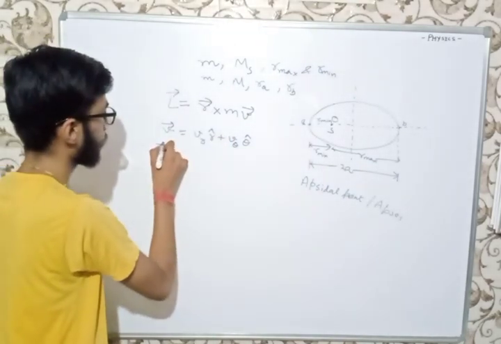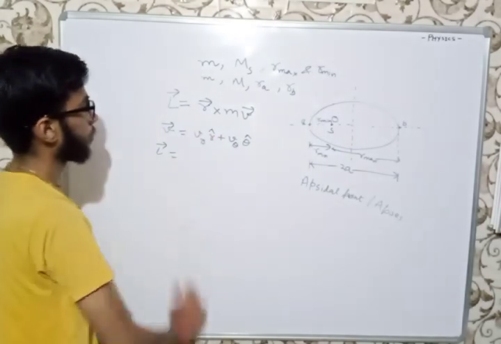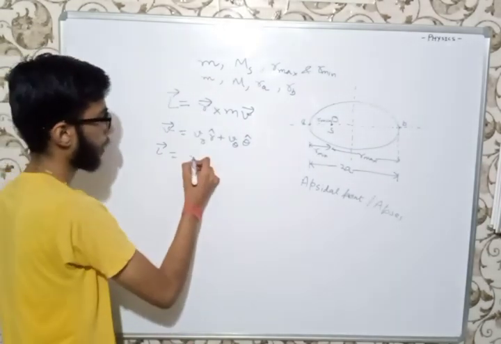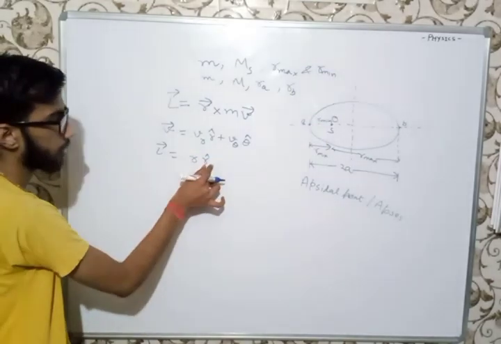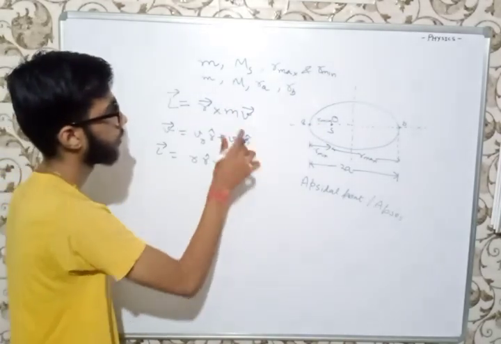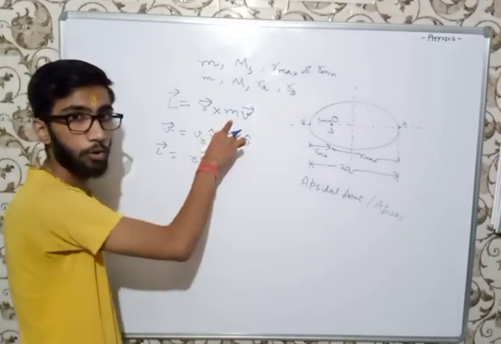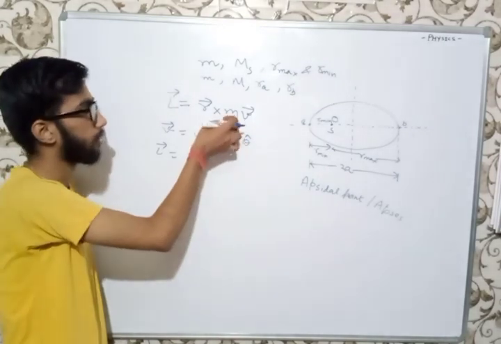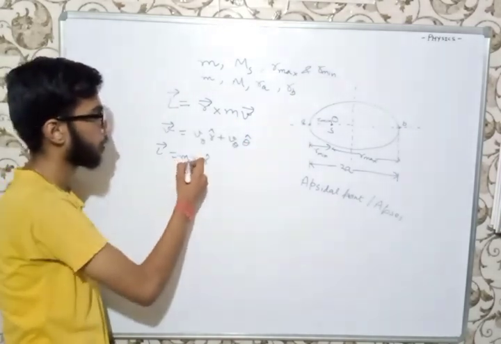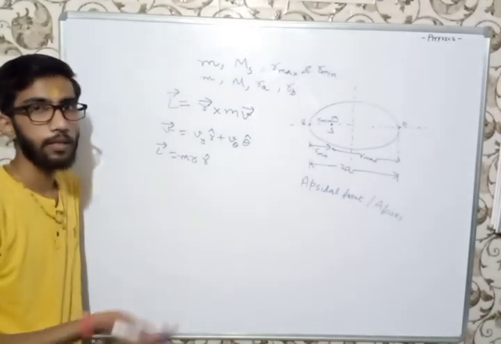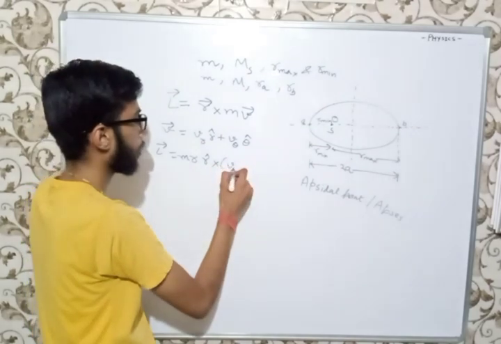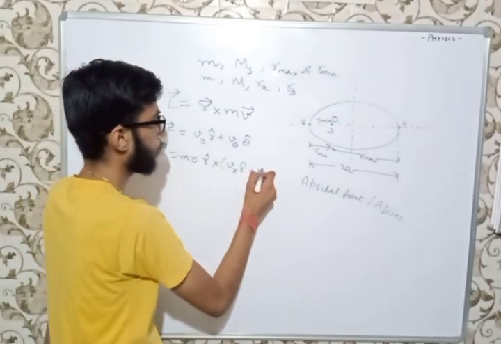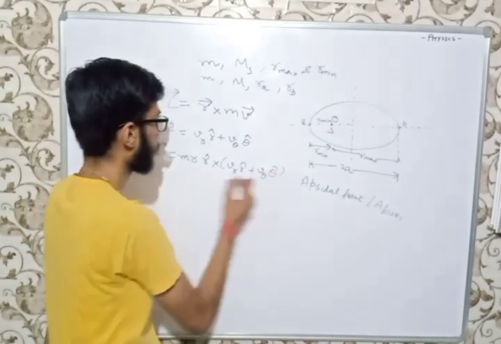Therefore, the L vector is r, where r is the magnitude and r cap is the unit vector along it. Mass is a constant and scalar, so I will write it here because it does not alter the calculation. Cross v_r r cap plus v_theta theta cap.